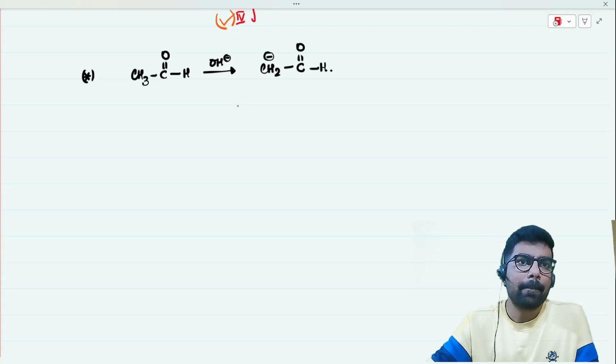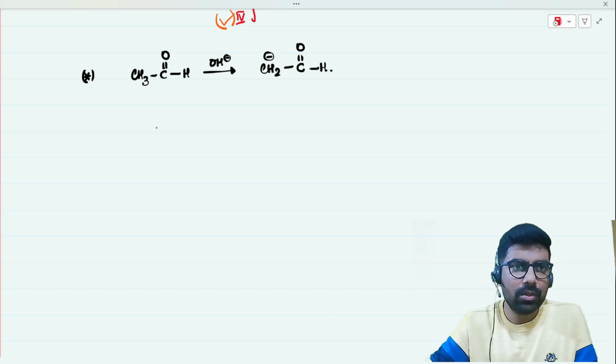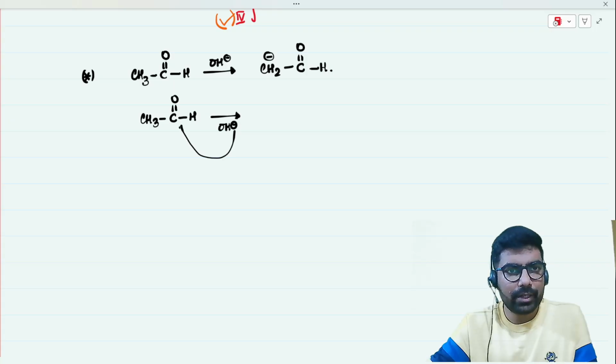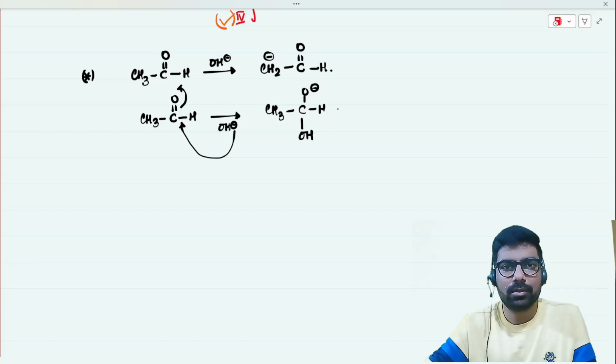You may think, why will the OH minus do an acid base reaction? OH minus can simply undergo a nucleophilic attack, something like this, and CH3 CHO minus and OH minus may be formed.